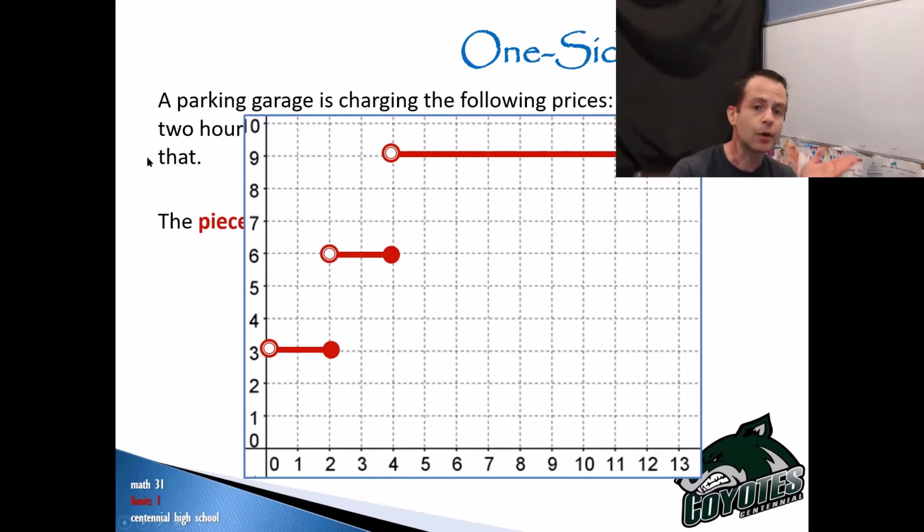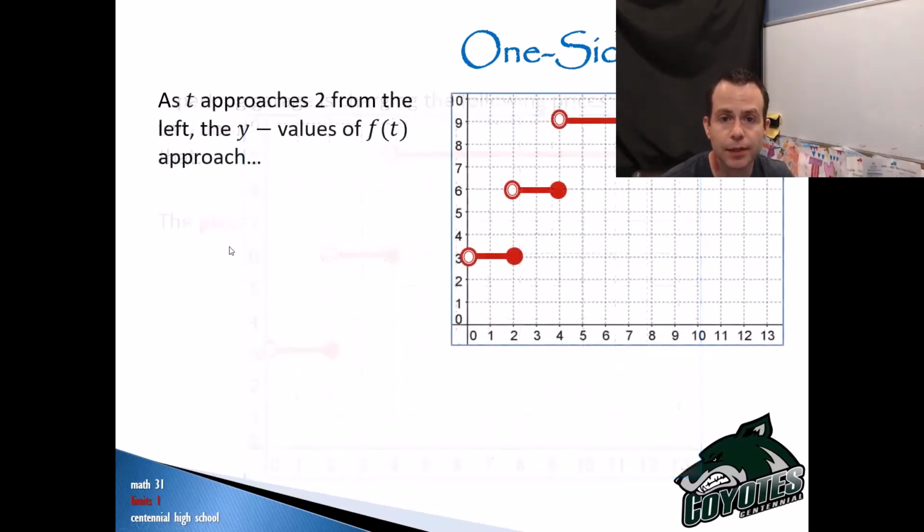Okay, now we're going to answer some questions based on that. So here's the first thing we're going to do, and this is the concept of a limit. As t approaches 2 from the left, the y values of f of t approach... So I'm going to approach 2 coming from the left.